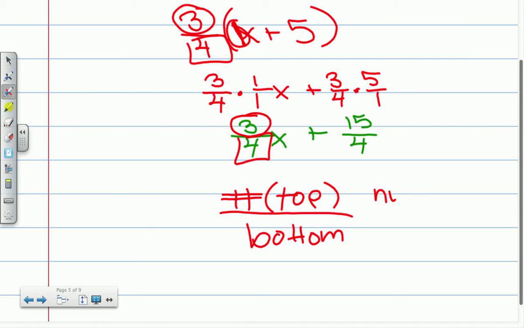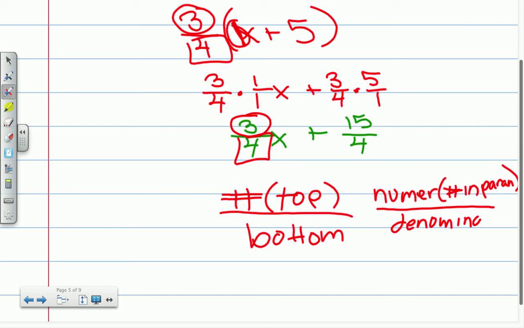Okay, so we got more technical. Numerator times the number in the parentheses, all over the bottom, or the denominator. Any other ideas to remember that trick? Those are about it, right?